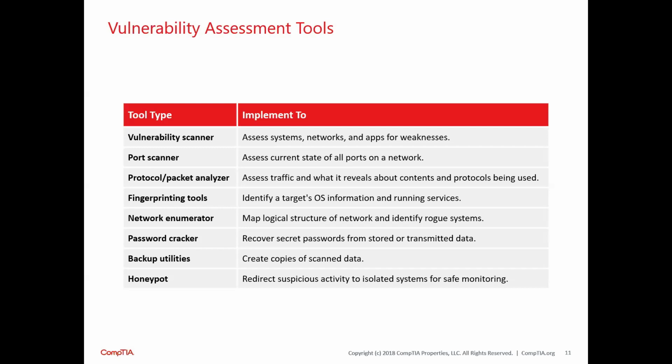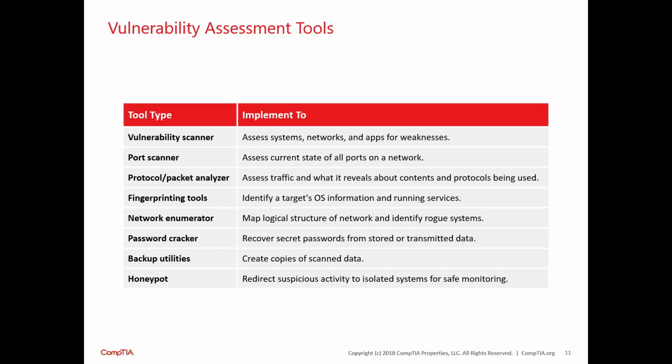network, and applications for weaknesses. We have the port scanner, which assesses the current state of the ports on the network. Then we have the protocol or packet analyzer, such as Wireshark, which assesses traffic and what is revealed about content and protocol being used. Fingerprinting tools, normally to find out information about the operating system and running services.